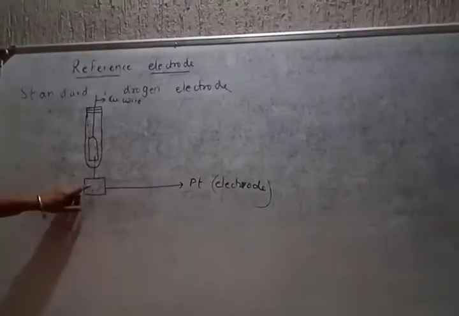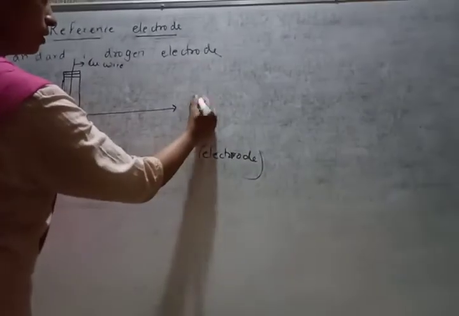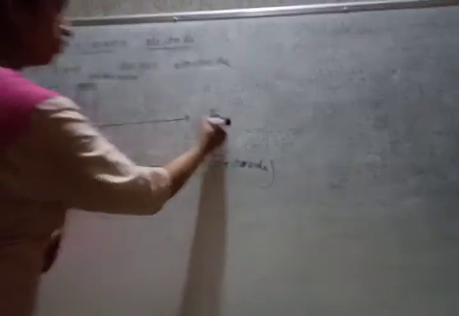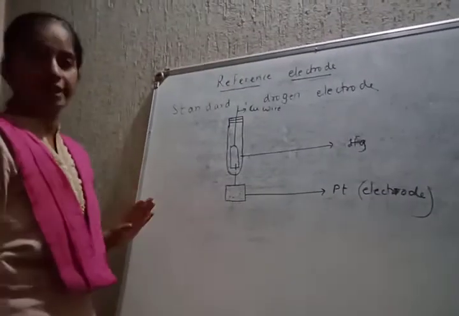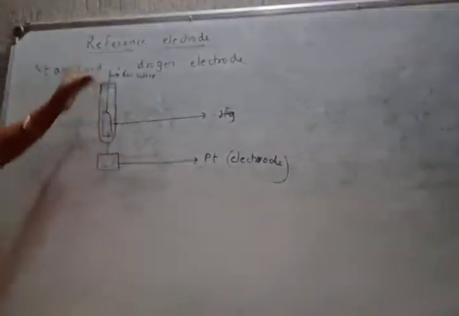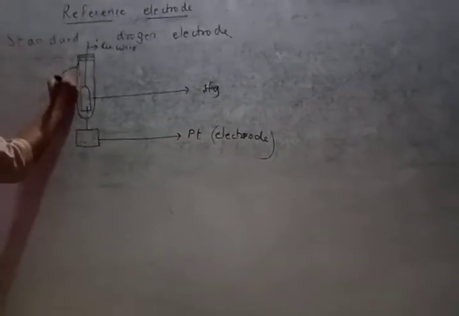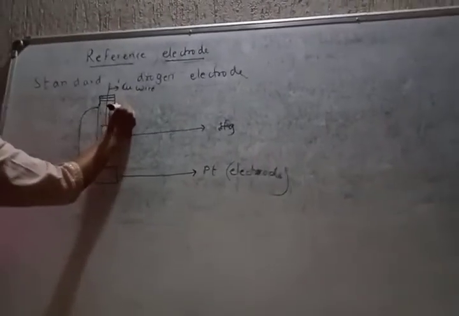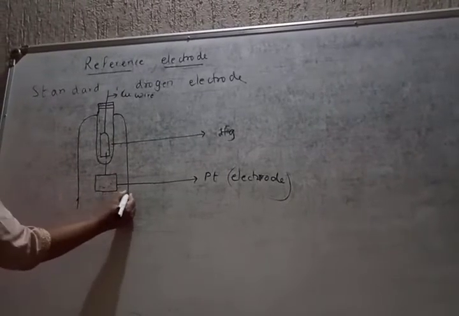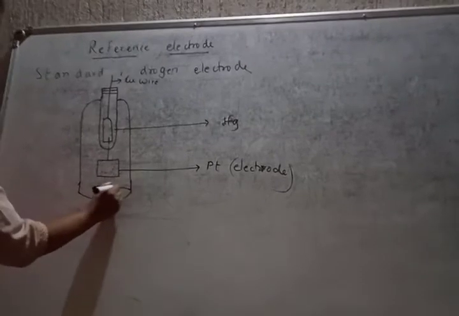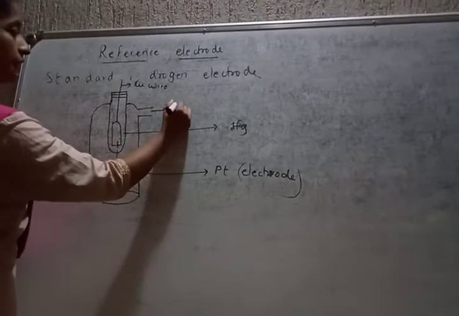It is connected to a copper wire and made to pass through mercury. Why? Because when it is passed through mercury, it ensures proper contact, so we use mercury. It is made to pass through a U-shaped tube. Then the U-shaped tube is surrounded by a jacket through which hydrogen gas is bubbled.